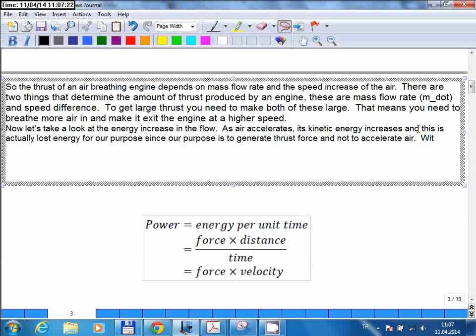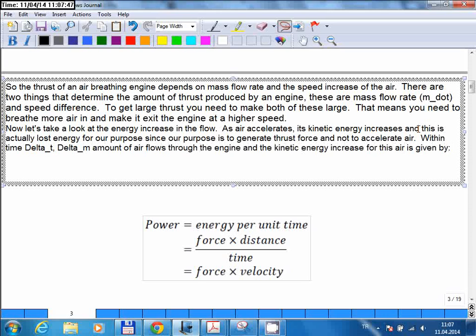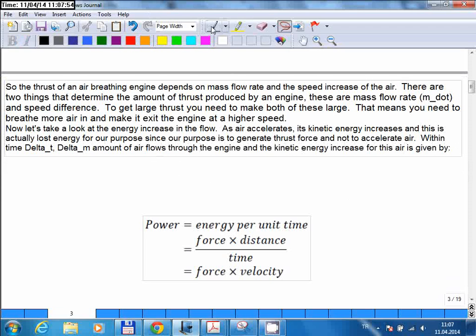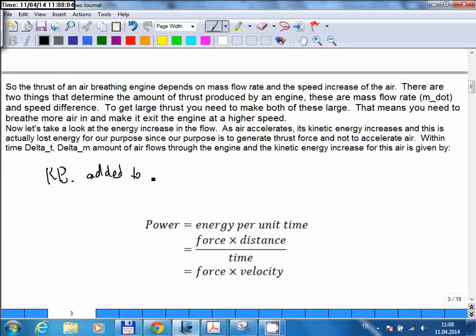So within time delta t, delta m amount of air flows through the engine, and the kinetic energy increase for this air is given by, so this is kinetic energy added to air is 1/2 times delta m times Vj minus V infinity square.